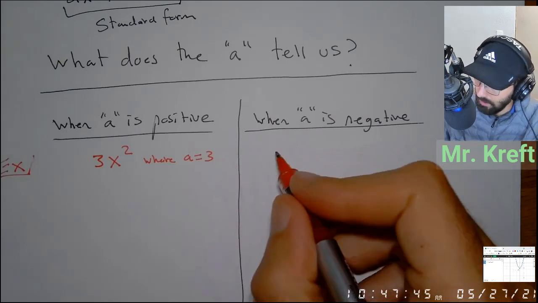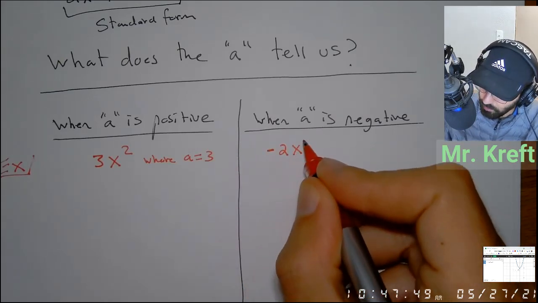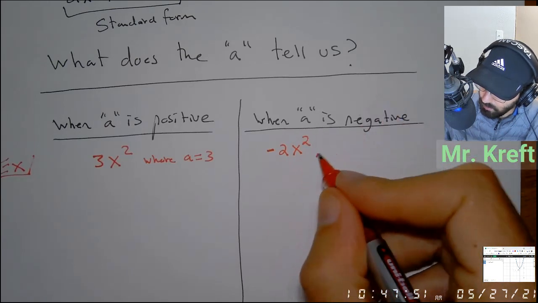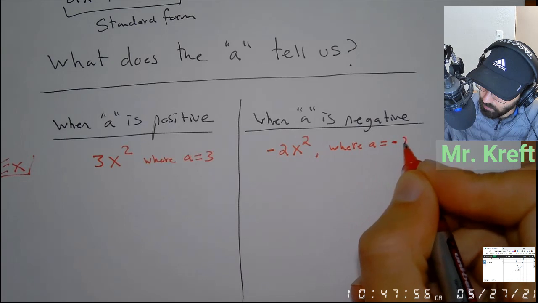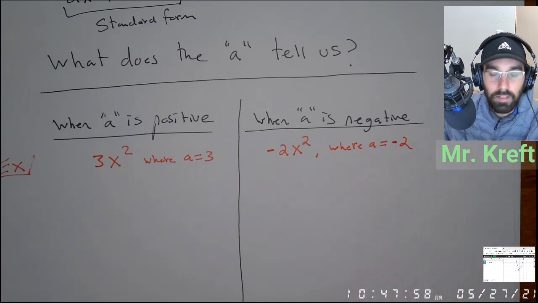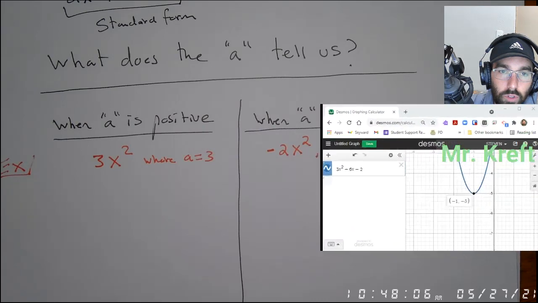And then my other example is going to be negative 2x squared, where a equals negative 2. Okay, so we're going to take a look at both these examples. We're going to see, what does a do to the graph?